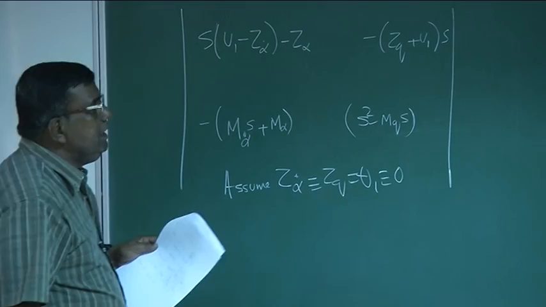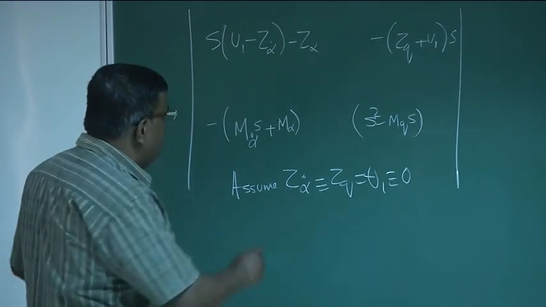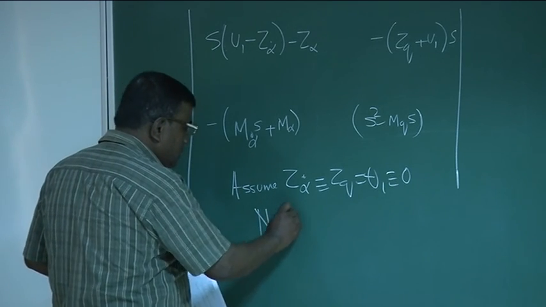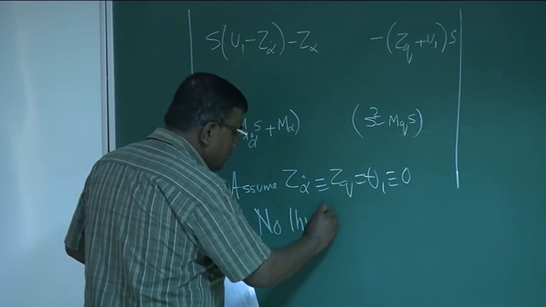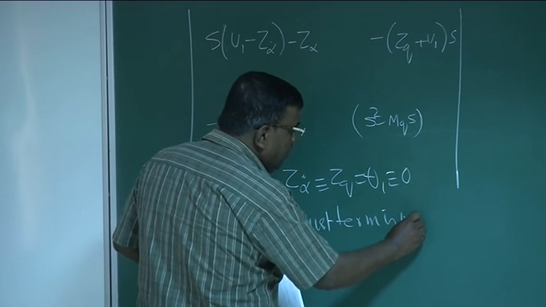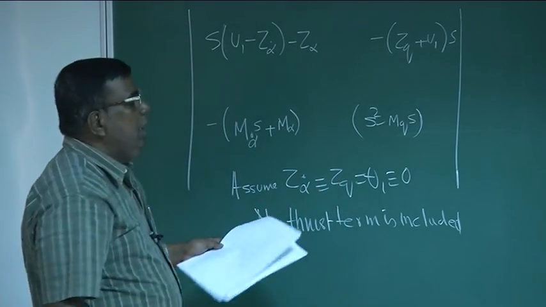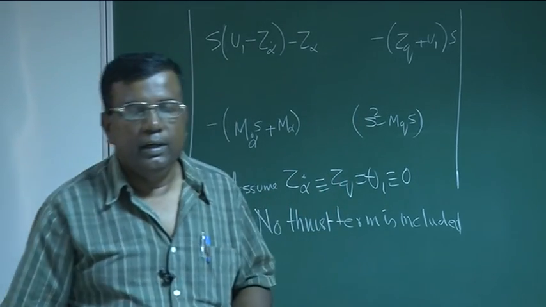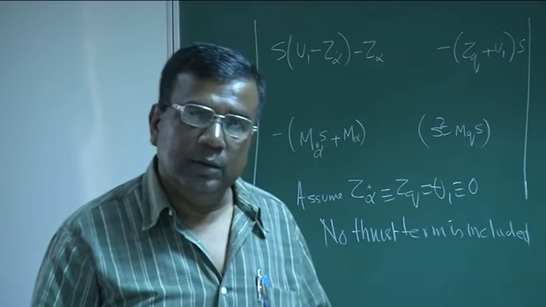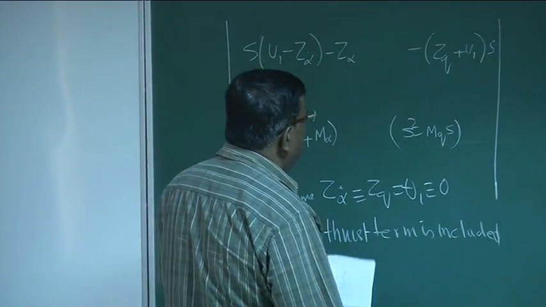And please understand here, we have not incorporated the thrust term, right? So no thrust term is included because we know that if we understand how to derive this, adding the thrust term is no way different than handling the drag term. Okay? So no thrust term is included, please note down this.